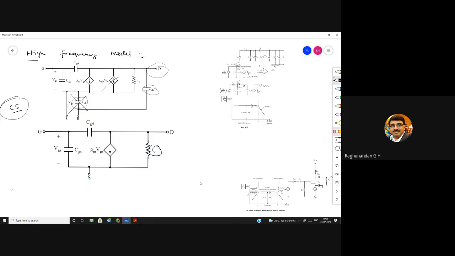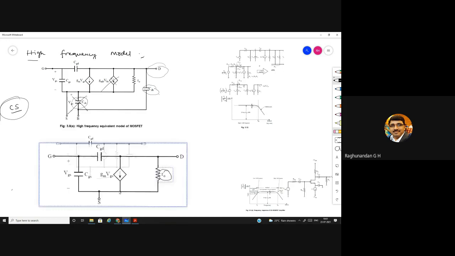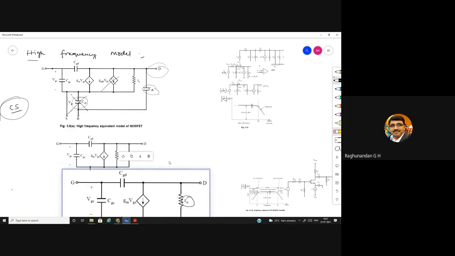Why are we considering r naught only? Because r naught and CDB are parallel to each other, and because of this, the reactance offered by the capacitance can be ignored, because the resistance of r naught will be lesser compared to the resistance offered by the capacitance CDB. And as we know, in a parallel combination, the resistance having the least value will be the effective resistance.